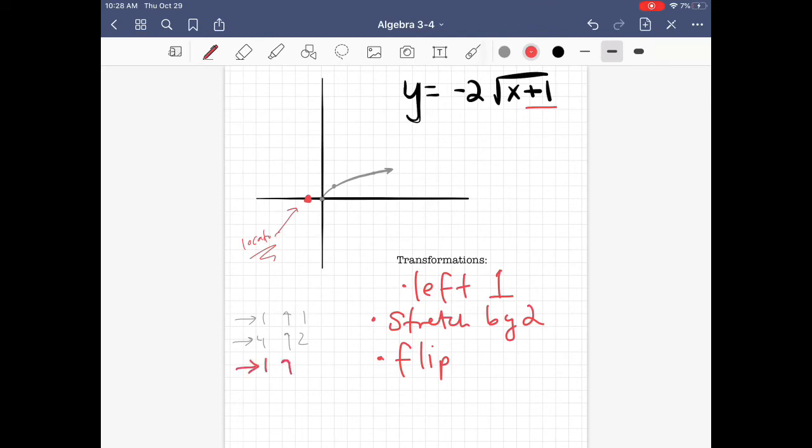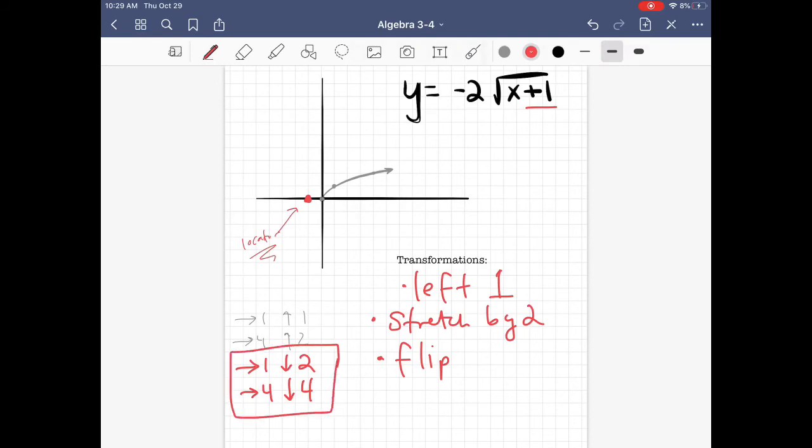I'm just doubling those values. So I'm going to go right by 1, but actually I'm going to go down by 2 because it's flipped. So not only am I stretching it by 2, but I'm also going down. So when I go right by 4, instead of going up by 2, I'm going to go down by 4 because I doubled it. So I'm doubling it and I'm going down.